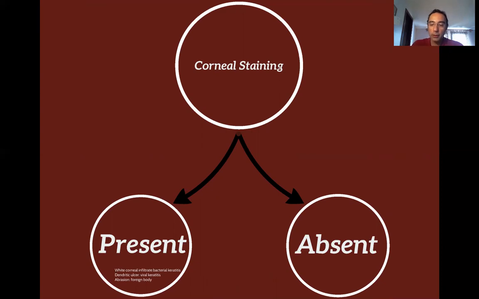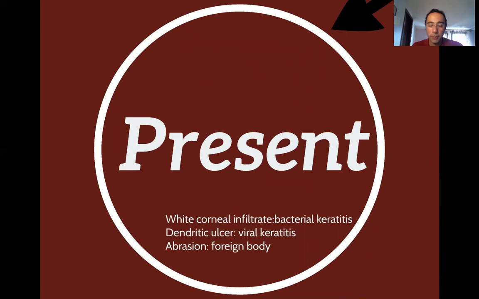If there is corneal staining, if there is a problem with the epithelium, I can directly go to a corneal pathology. For example, if there is a corneal defect, there is corneal staining present, it may be bacterial keratitis depending on the discharge, depending on the opacity on the cornea, or depending on the staining on the cornea.